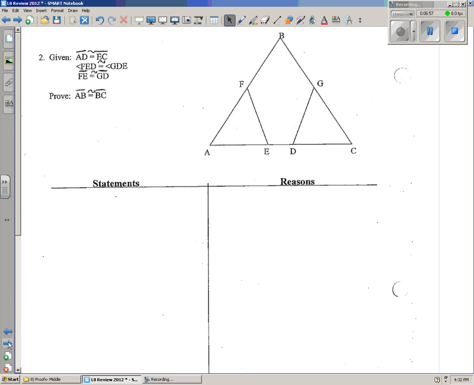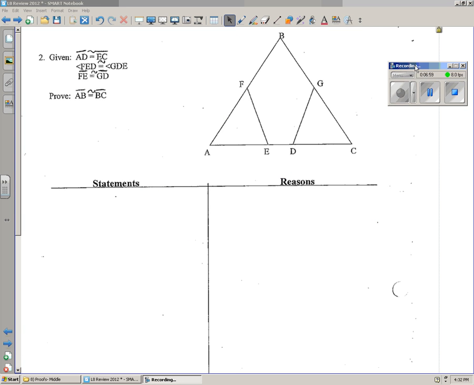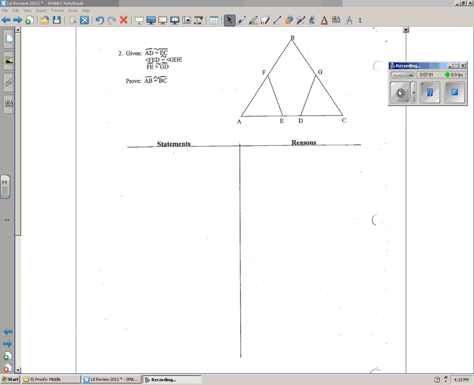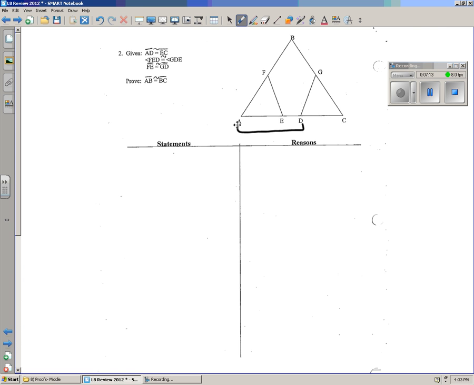Sorry, I just wanted to make the picture a little smaller. All right. So we have AD congruent to EC. And notice they want us to prove side AB is congruent to side BC.